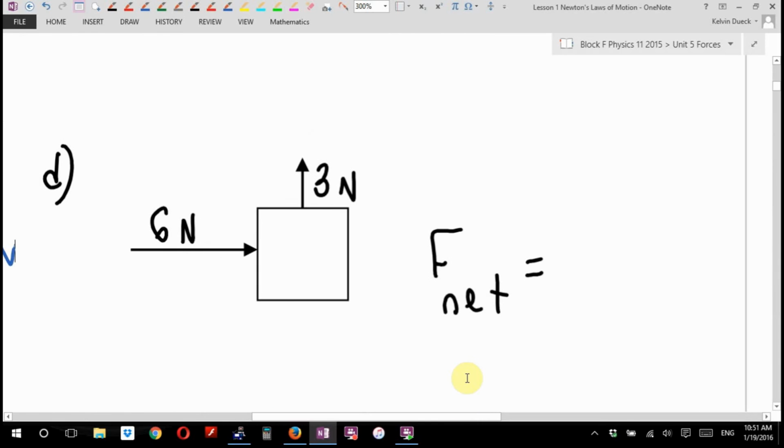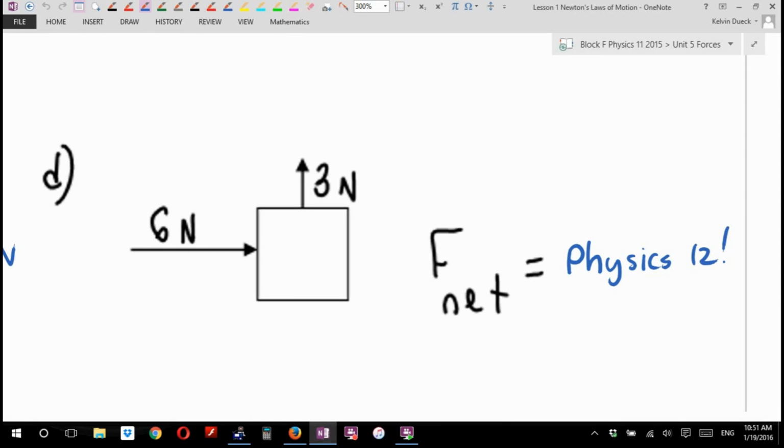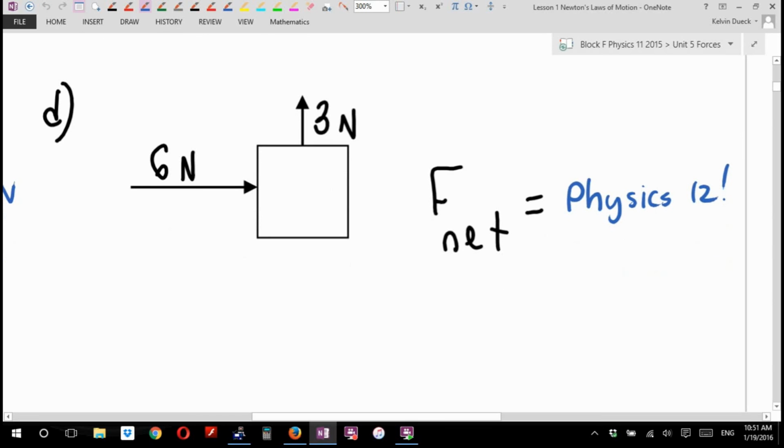What about 6 newtons right, and behind you, Cohen? 6 newtons right and 3 newtons up. Well, first of all, we won't do it now because that's in 2 dimensions. But if you're wondering what the answer would be, you would draw a picture.